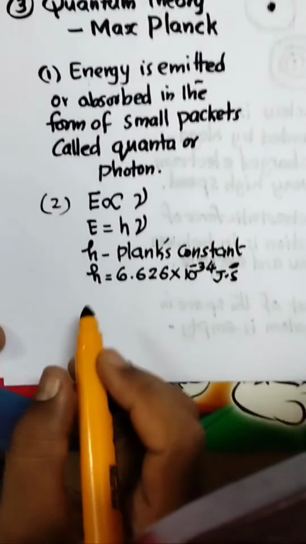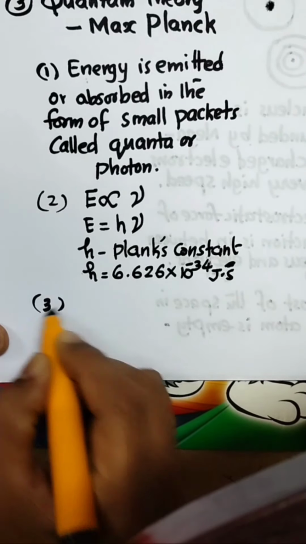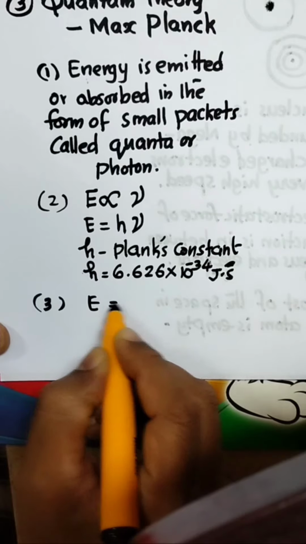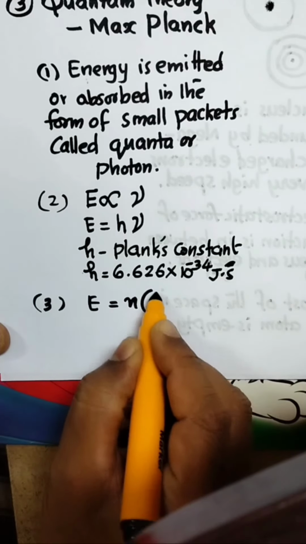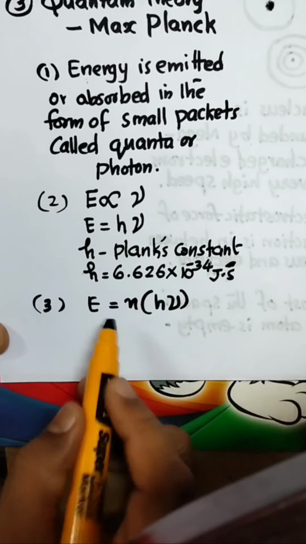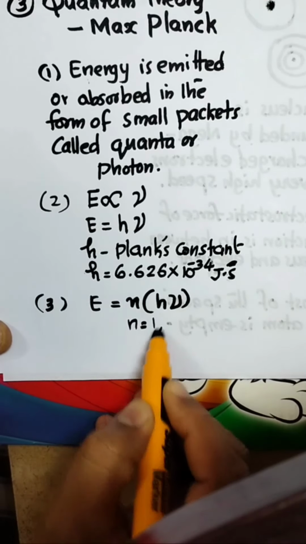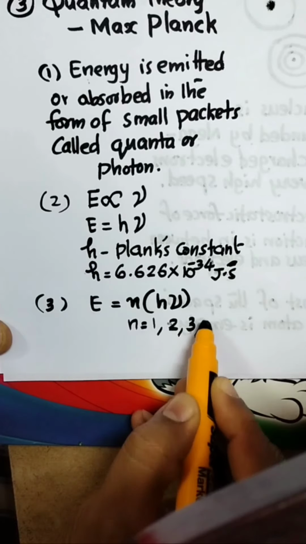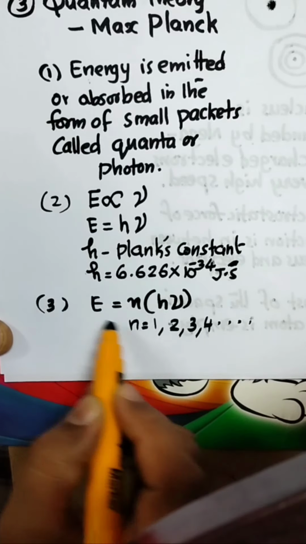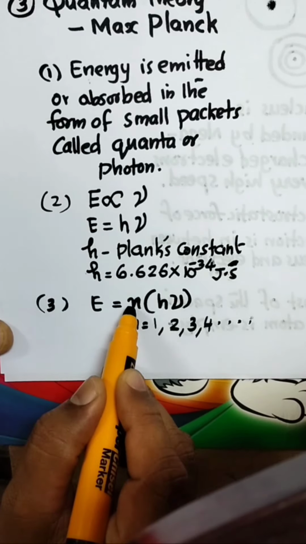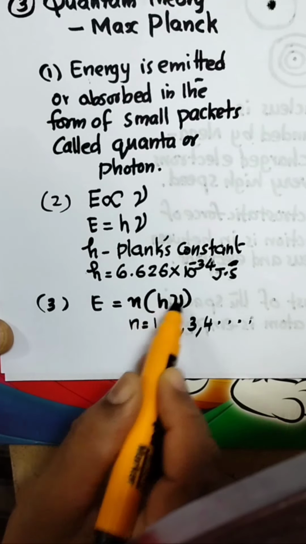Then third point, energy is always an integral multiple of h nu. That is E equals n h nu, where n equals 1, 2, 3, 4, etc. Energy of first state, E1 equals 1 h nu.